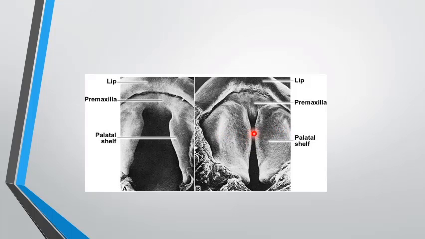They unite together to form the hard palate. The rest of the palatine processes form the soft palate. So the cleft palate will have this Y shape like this. It may be unilateral, it may be bilateral, it may be unilateral complete the entire length, as we will see later in the classification.